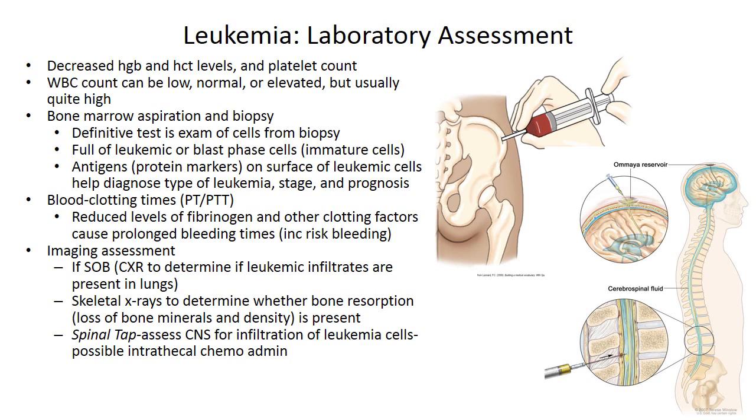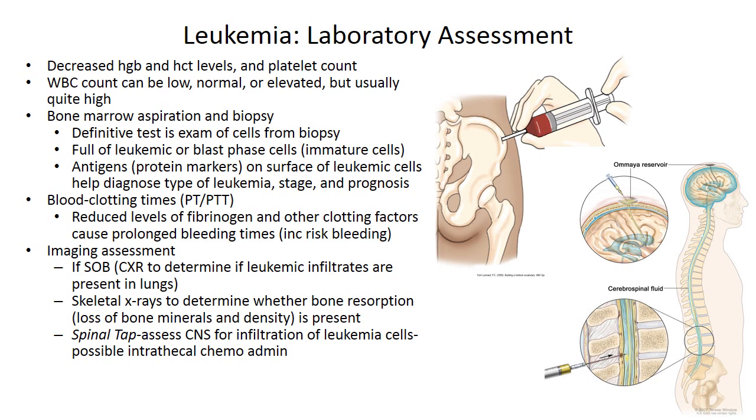Spinal taps can also be done, and I really like the picture that we have to the far right, which shows us a spinal tap. This is to assess for cerebral infiltration of leukemia cells. They can do a tap which helps us to determine where the leukemia cells are and if they are present in our cerebrospinal fluid and in the reservoir of the brain that we can draw from.